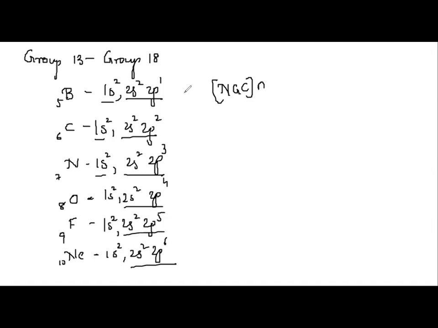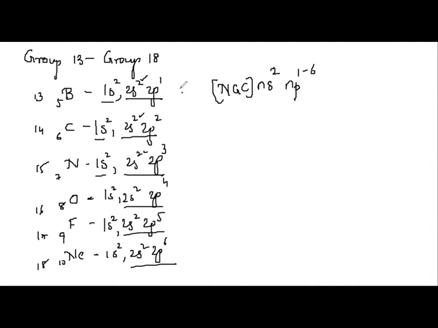This is the p orbital. Boron is group 13, then group 14, 15, 16, 17, 18. So from group 13 it is 1, then 2, 3, 4, 5, and then 6. So np varies from 1 to 6.